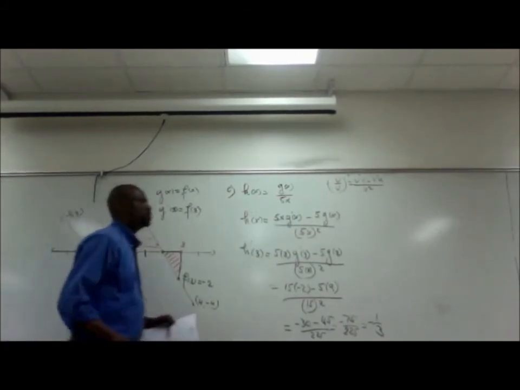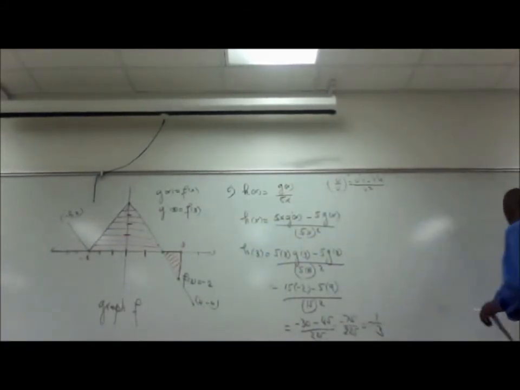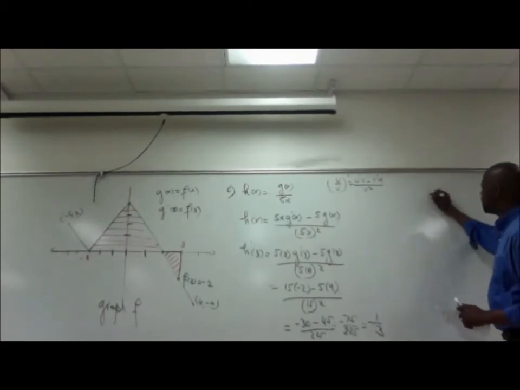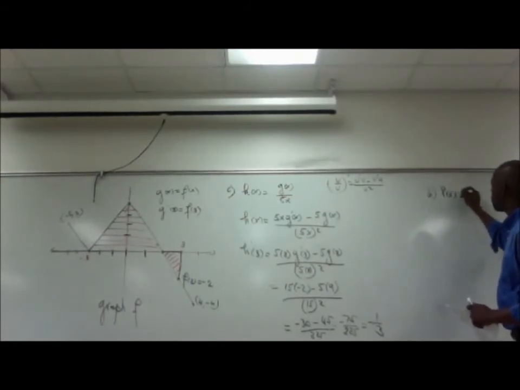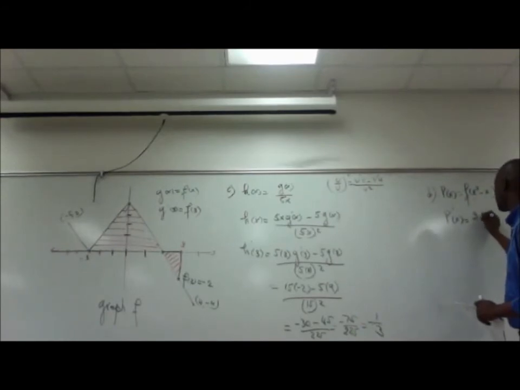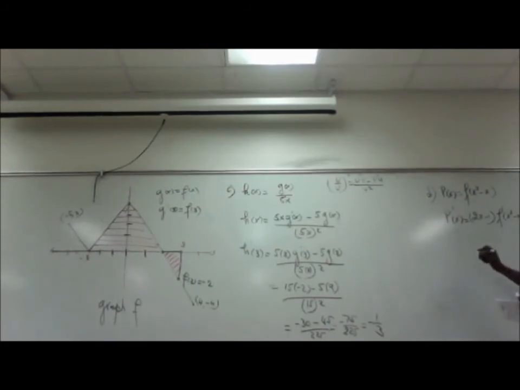The last one is p of x equals f of x squared minus x. p prime of x is the derivative of the inside, which is 2x minus 1, times f prime of x squared minus x. So p prime of -1 equals 2 times -1 minus 1 times f prime of -1 squared minus -1, which is -3 times f prime of 2.